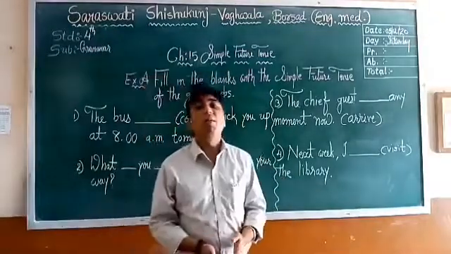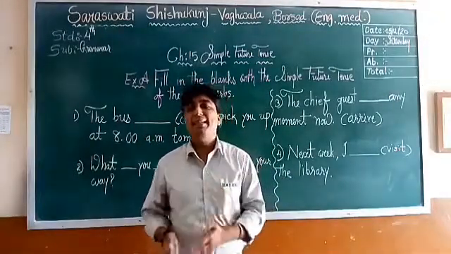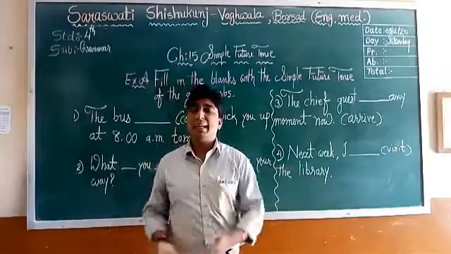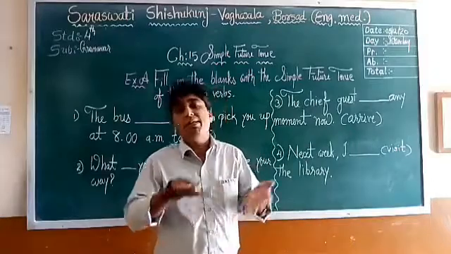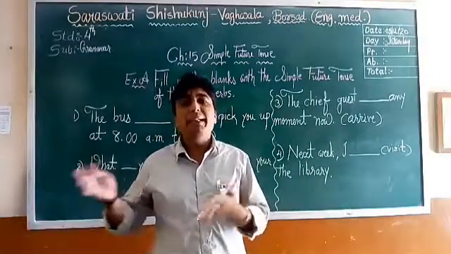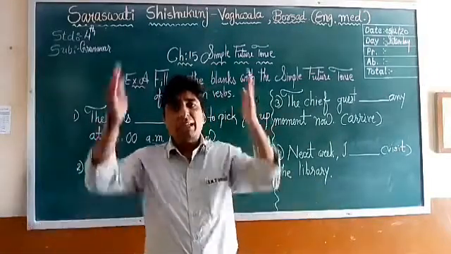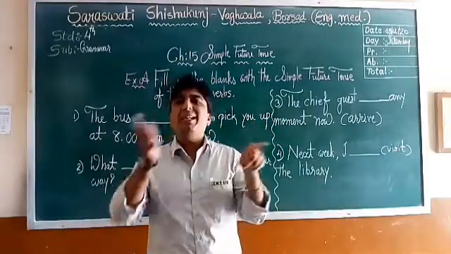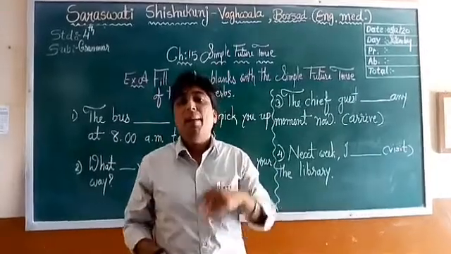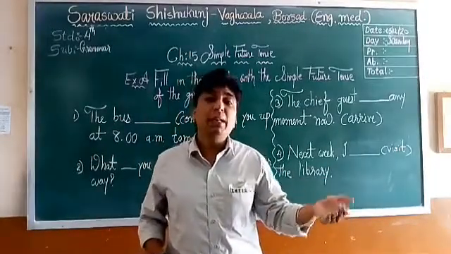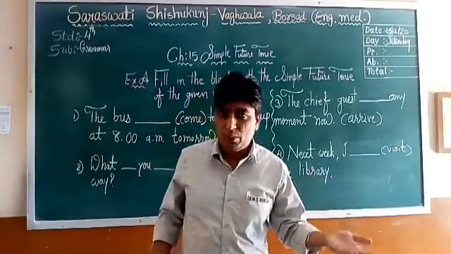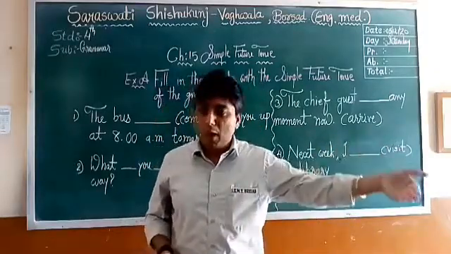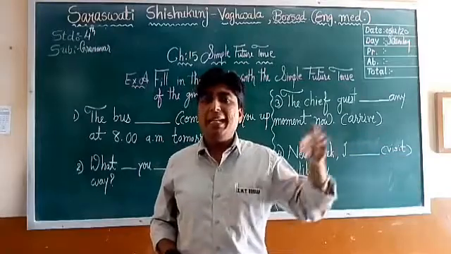How can we form a sentence in simple future tense? As we have learned, there must be will plus verb 1. After each subject, there will always be a subject in the beginning, and immediately we have to write will, plus verb 1. On the very next place, we will keep verb 1. I will eat.